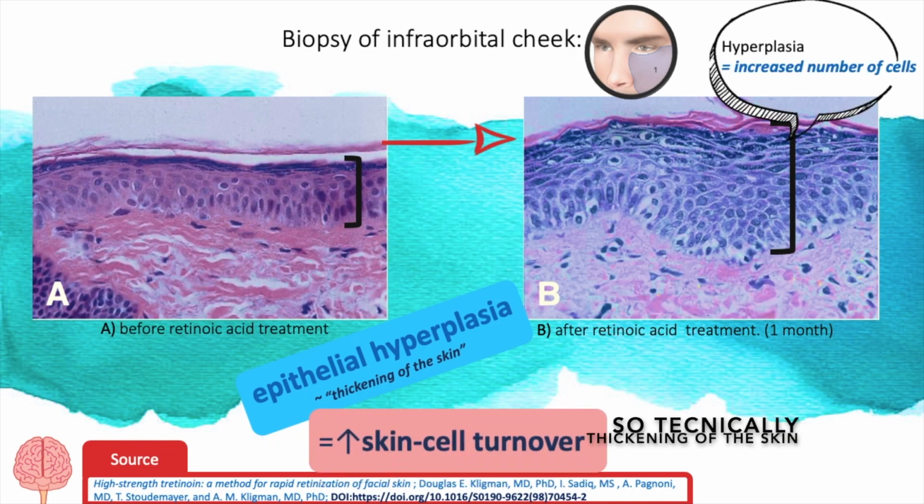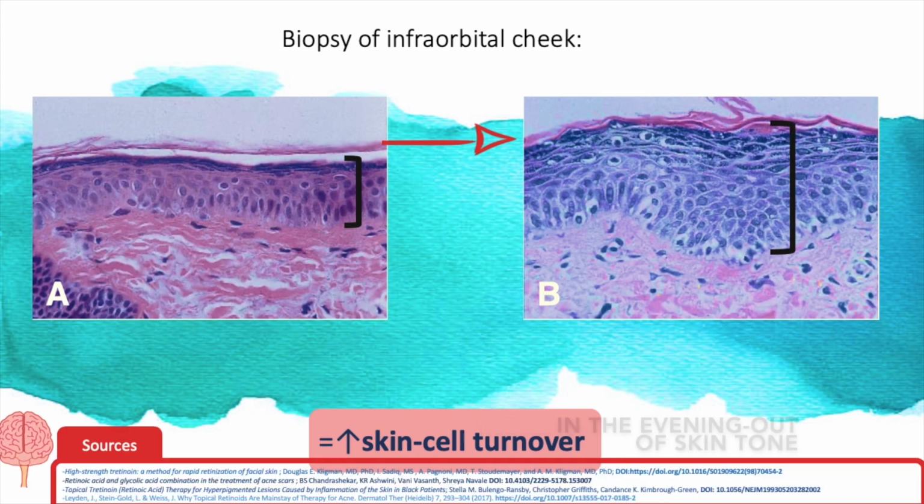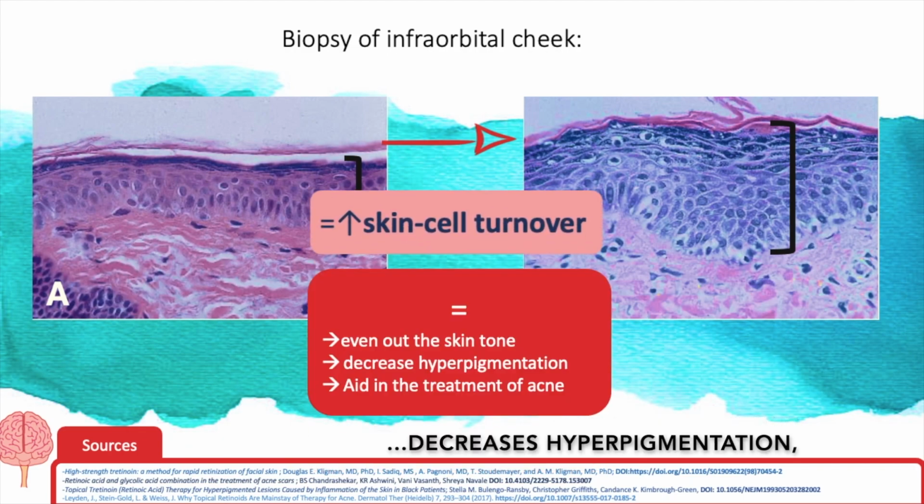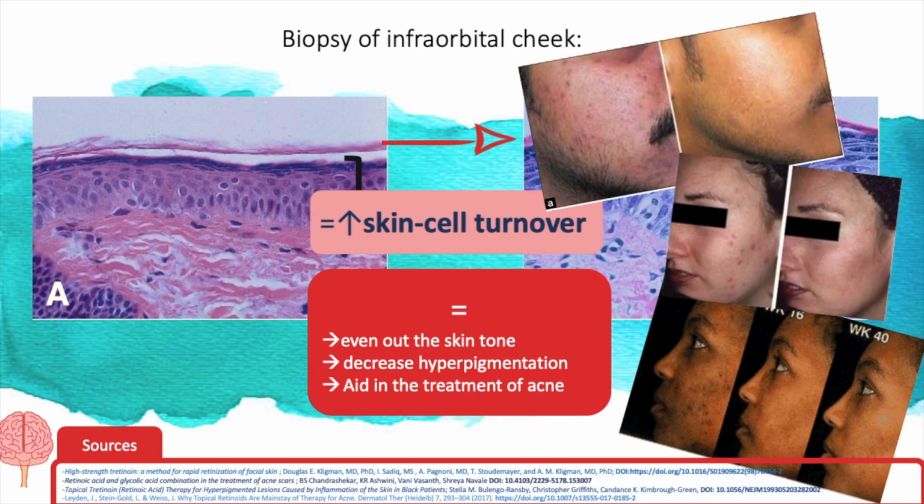So technically, thickening of the skin and increased skin cell turnover. Increased cell turnover ultimately aids in the evening out of skin tone, decreases hyperpigmentation, and aids in the treatment of acne.